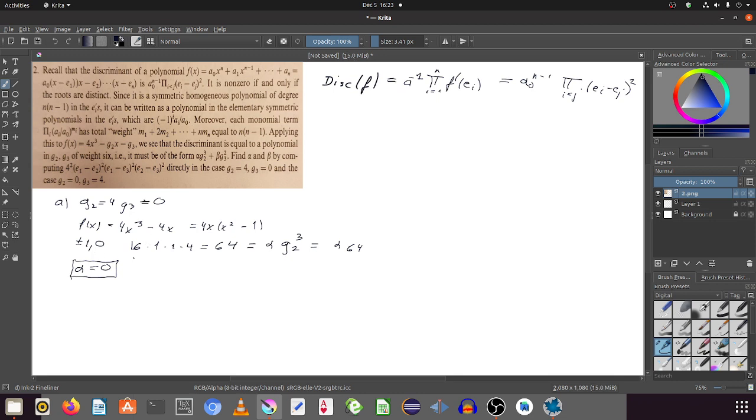I forgot something here, didn't I? A naught squared, that's 16, times 4, that's 64. Seems to be unity rather.